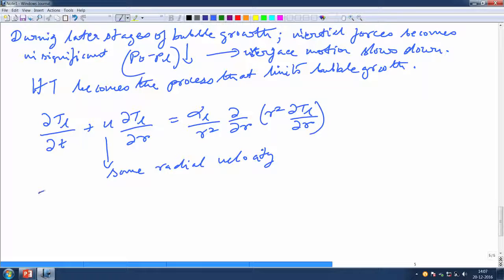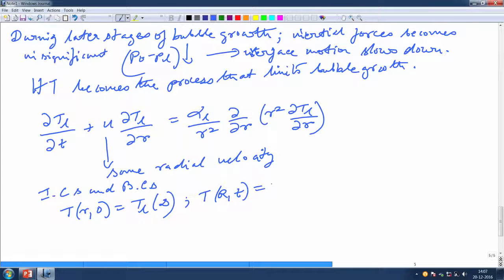So, the initial and boundary conditions therefore become T at r comma 0 is the same as T infinity, T at r comma t is equal to the saturation temperature at the surface of the bubble, and T at infinity comma t will be equal to TL at infinity, got it.